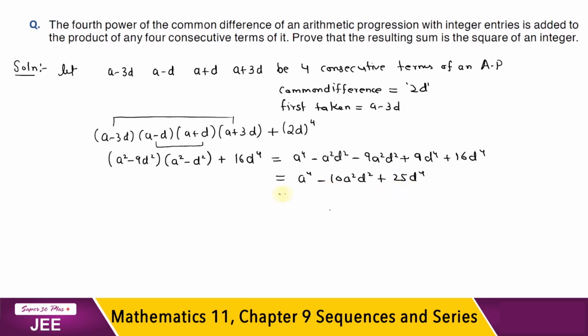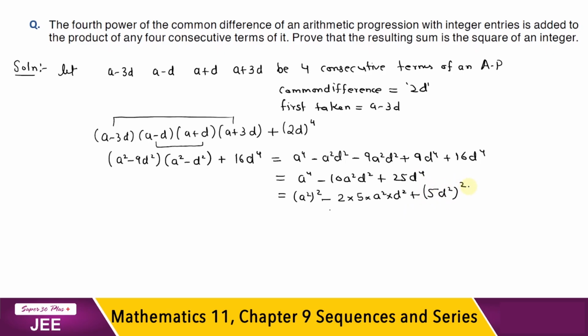Now one can observe that this can be written as a square of a square. Minus 10 a square d square can be considered as 2 into 5 into a square into d square, plus 25d raised to the power 4 can be taken as (5d square) whole square.